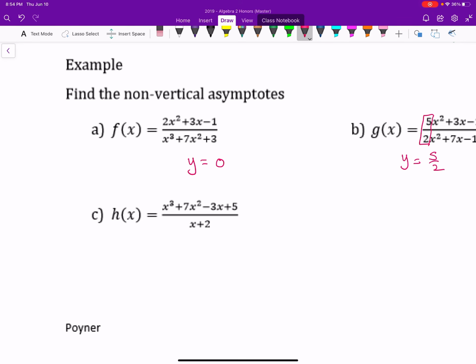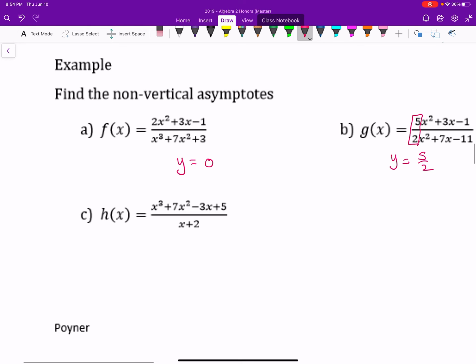Now for the next one, it has a degree 3, and the higher degree is in the numerator. So when that happens, to find the non-vertical asymptote, you have to divide. In this case, I happen to have a binomial, so I can use synthetic division. I get -2 here, 1, 7, -3, and 5.